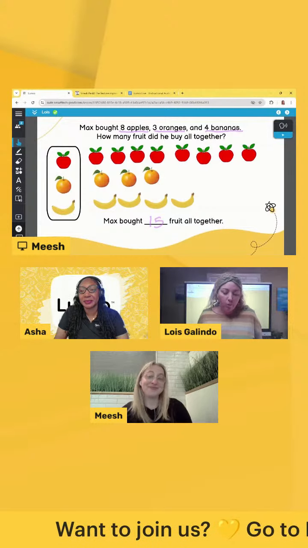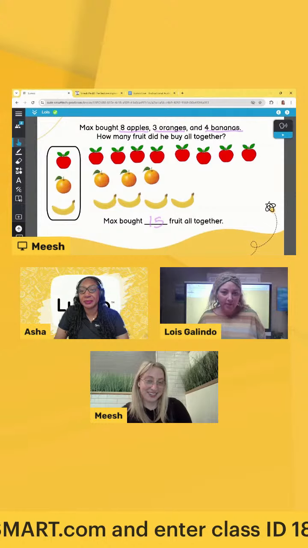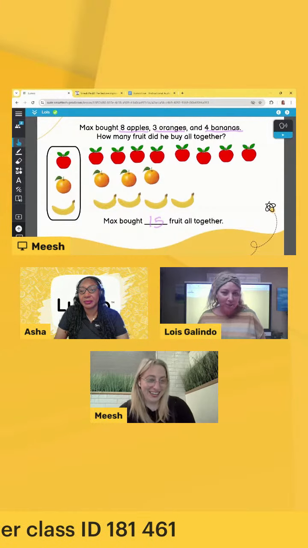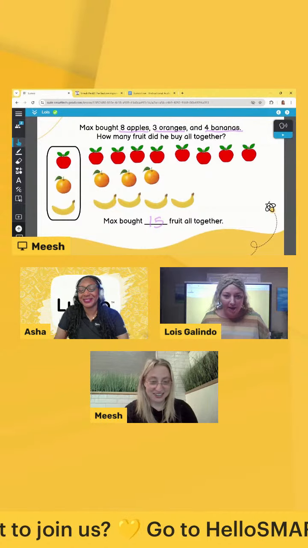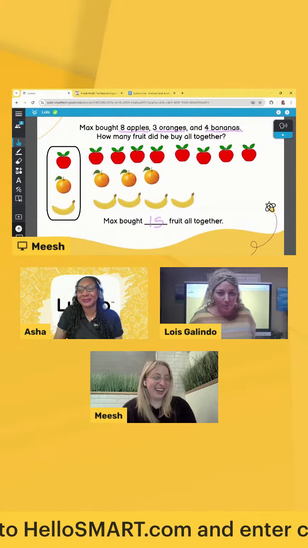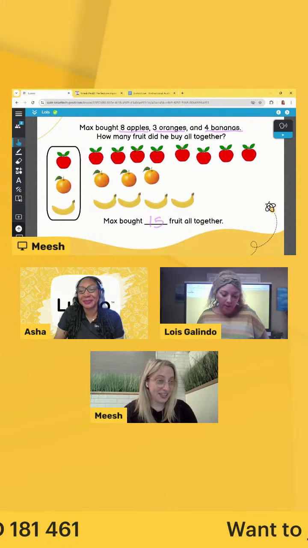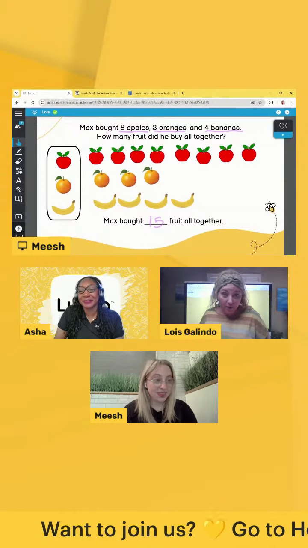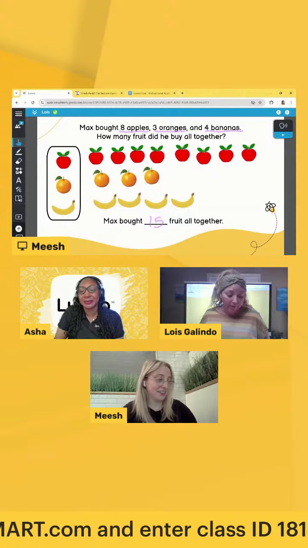You can see that I didn't underline the part where it says fruit all together, and that's why I missed that. I definitely could have used my own advice there and circled that because that's what the whole question was. But yeah, making sure that you're able to decipher what exactly the question is asking is super helpful.